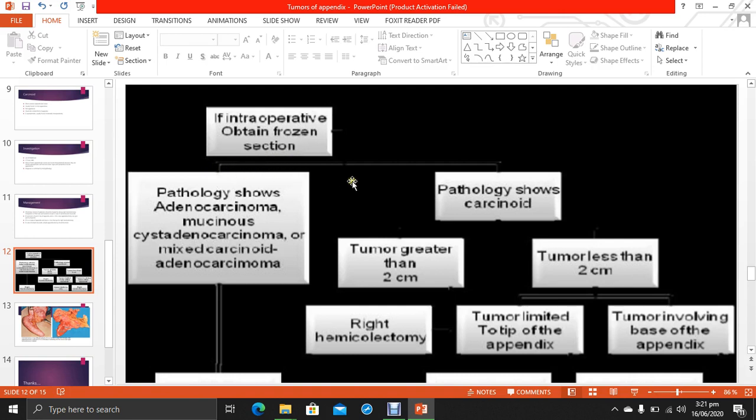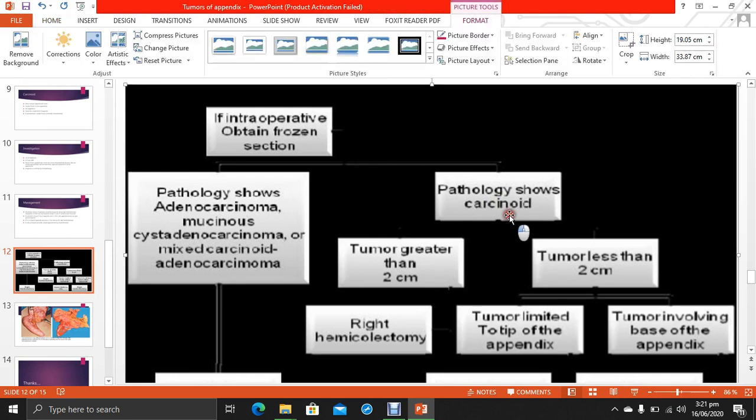If the pathology shows adenocarcinoma, mucinous carcinoma, cyst adenocarcinoma, or mixed carcinoid tumor and adenocarcinoma, then straightforward right hemicolectomy. If the frozen section shows carcinoid tumor, there are two options.